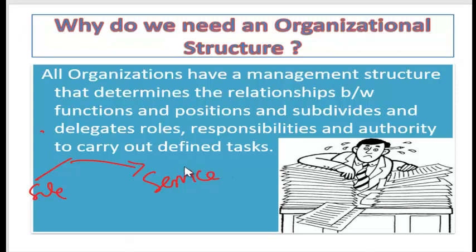If you have a car, you have sales where you sell your car and do marketing, and there are people from the service side who provide service. Then there is the parts department which gives you the parts. Then there is marketing, so we can delegate our job to different departments. It all needs a structure.